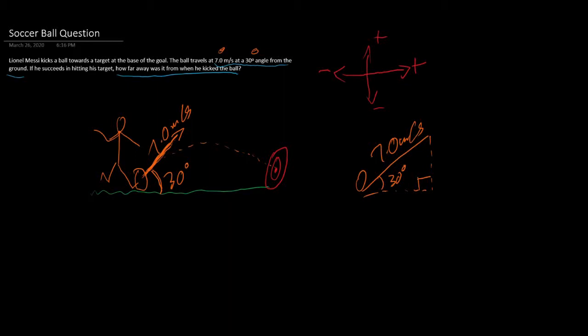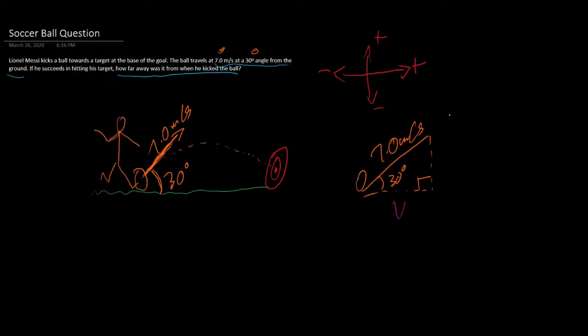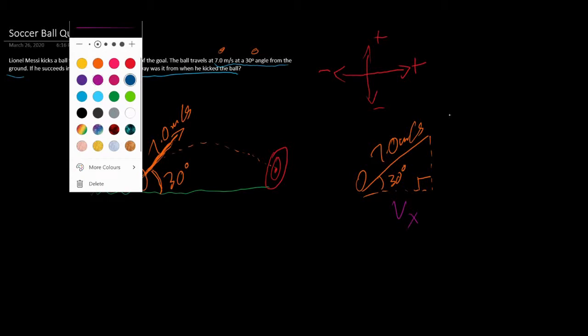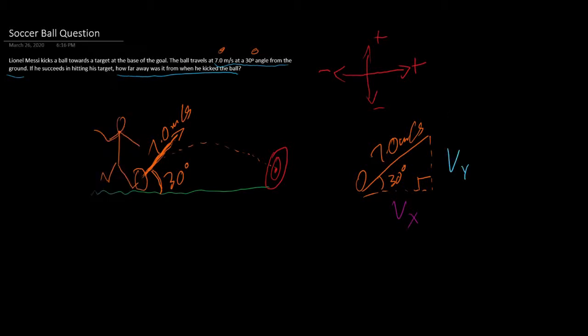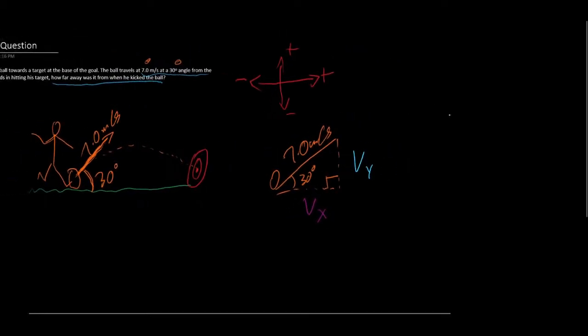But really, to solve a two-dimensional problem, we need a Vx, let me do a different color, magenta-ish. So you need a Vx, and then you need a Vy. And this really just makes it into two one-dimensional scenarios, and that makes it a lot easier to work with.